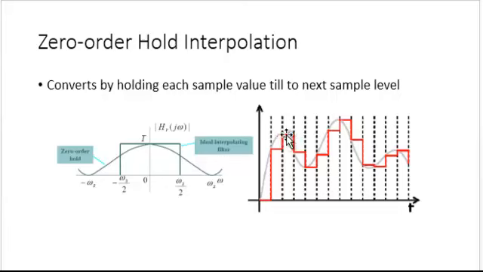Till the next sample value I am maintaining the same value, and after that I am maintaining one step, and here is my sample value over this instant, and till the next level I am maintaining the same level. So each two different levels are connected through one step level. That is what zero order interpolation is. That means two sample values are maintained at one step level of input.